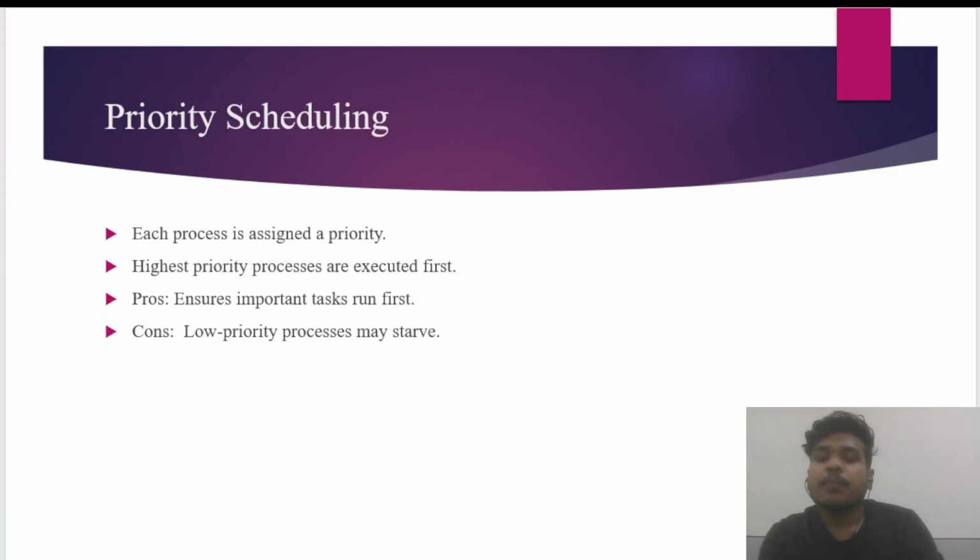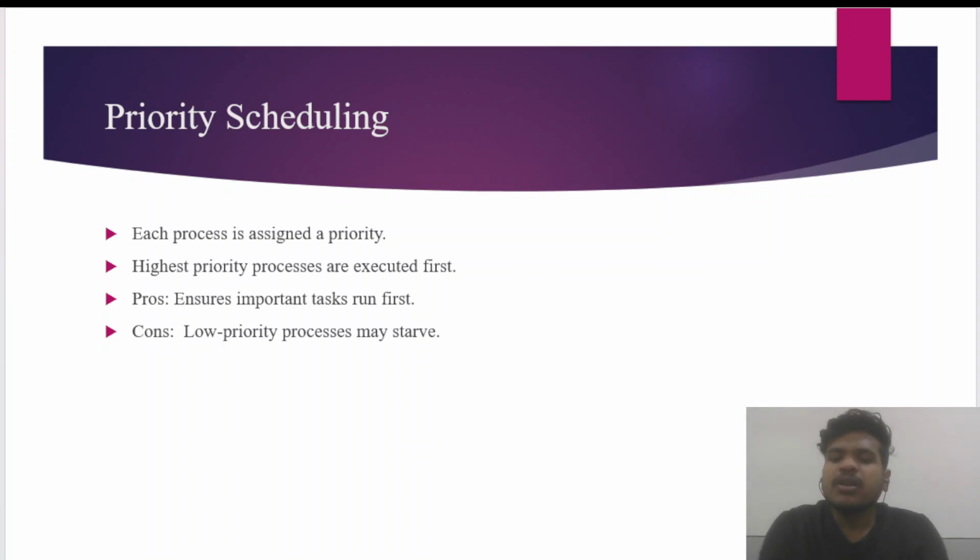Then we have priority scheduling. It means that each process is assigned a priority and the CPU serves the highest priority process first. It can be both preemptive, that is, it interrupts the ongoing process, or non-preemptive.